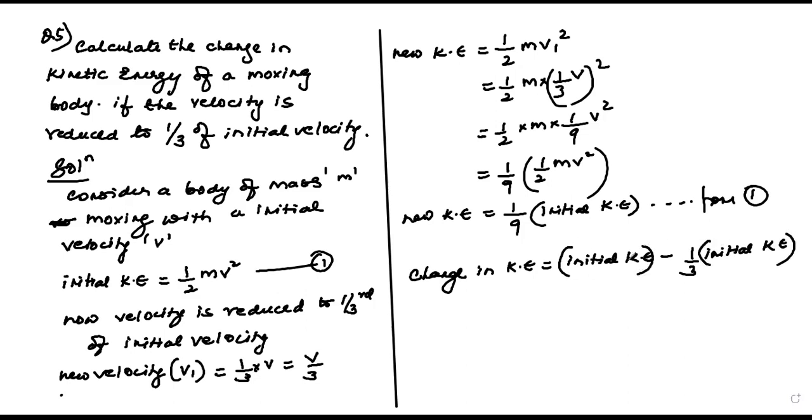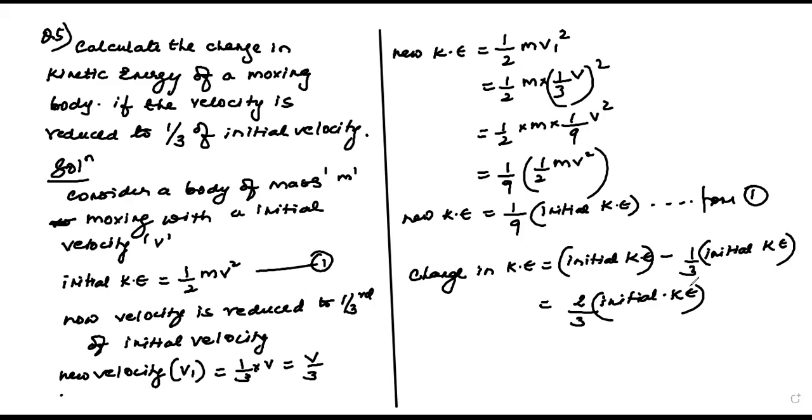Initial kinetic energy minus 1/3 of initial kinetic energy. So cross multiply. This becomes 3 times initial kinetic energy minus initial kinetic energy, the whole thing upon 3. So ultimately it will become 2/3 of initial kinetic energy. I'm writing the answer directly. So what is the change? Change is 2/3 of initial kinetic energy.